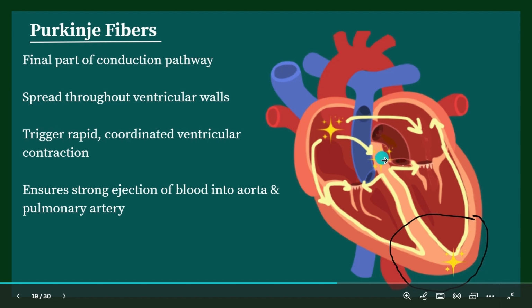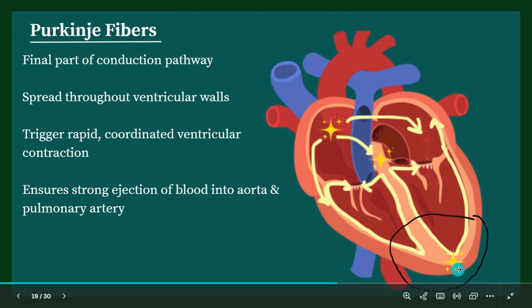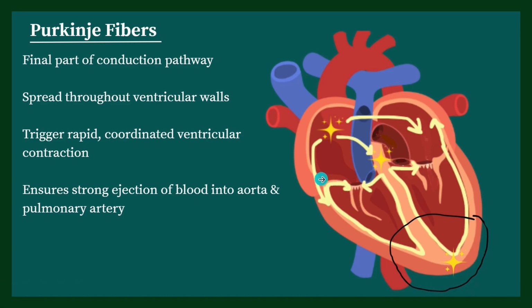So SA node, atrioventricular node, out the sides and down to the Purkinje fibers, and those shoot around. And that's how it all works.